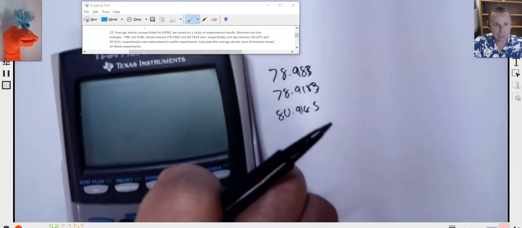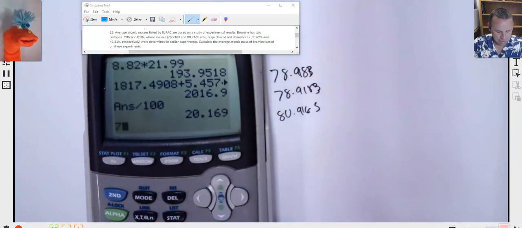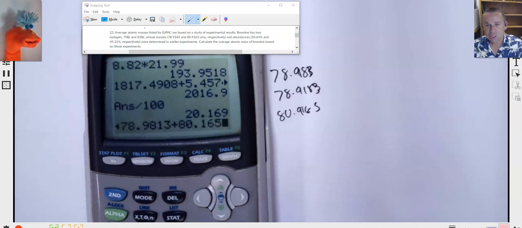So if I were to do that in my calculator, if I were to add all these up, 78.9183 plus 78.9183 plus 80.9163, you can see it would take a long time if I were to add up a list of 100 numbers, right?